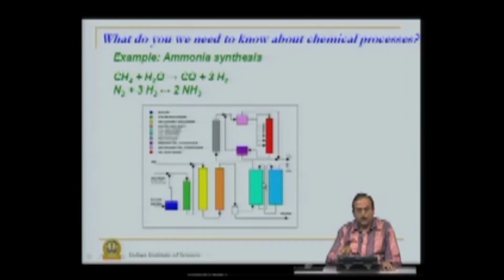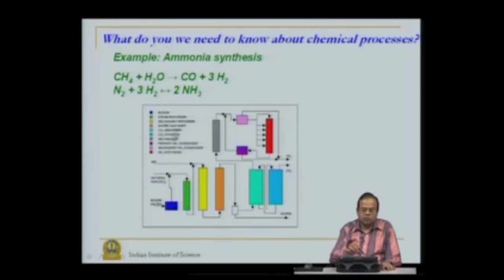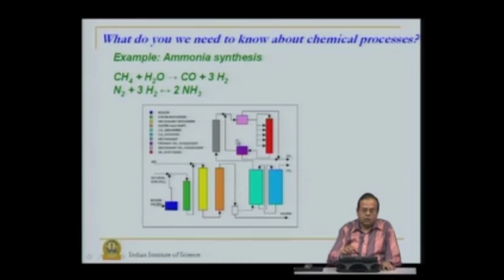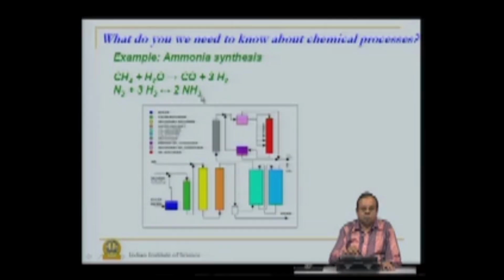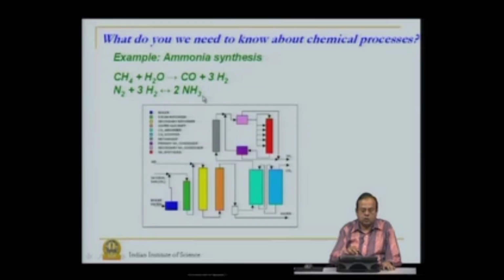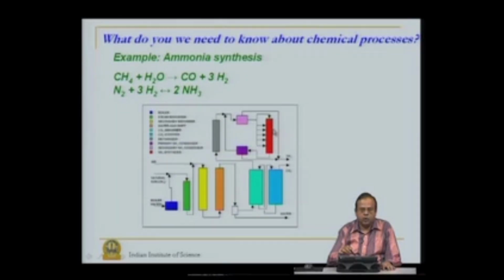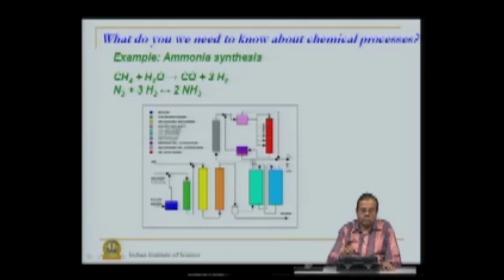So, now my ammonia synthesis design process involves the synthesis of hydrogen, removal of carbon monoxide, ammonia synthesis, and finally, you do not get 100% conversion. 100% conversion is only in the dream, it is not in the real world. So, you have a lot of unreacted nitrogen and hydrogen which you do not want to just bleed off, but you want to recycle. So, you have a recycle stream.